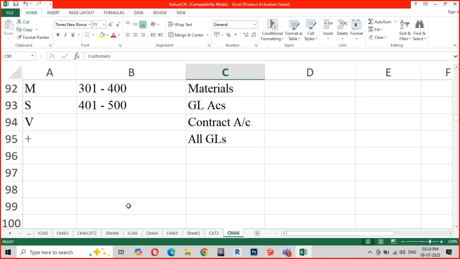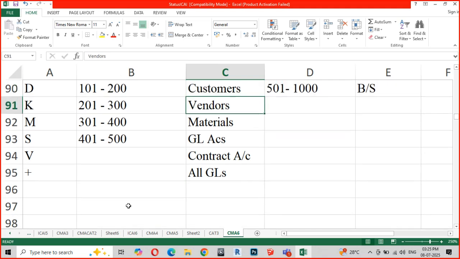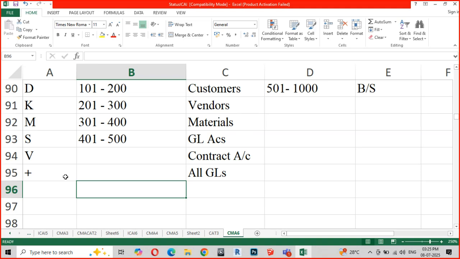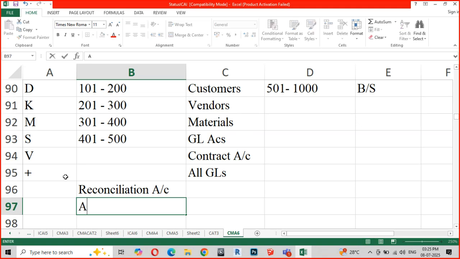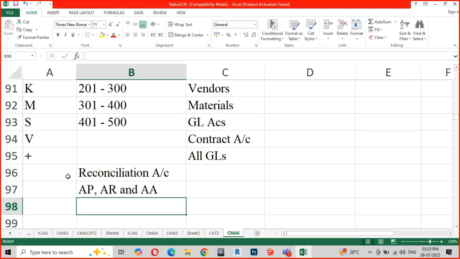Okay. Now that we saw reconciliation account, normally this concept in SAP is associated with your AP, AR, and assets, asset accounting.